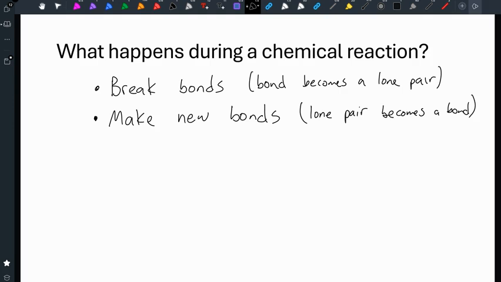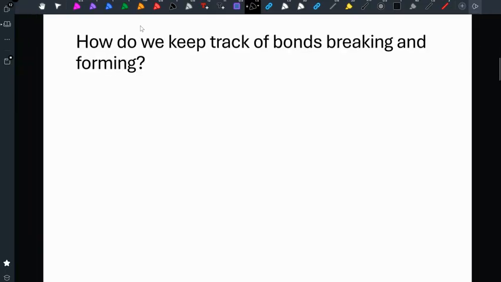So chemists want a way to describe what's going on with those electrons. And so we've come up with a language, a shorthand, to show how those electrons are moving, changing, getting shared, getting unshared during reactions. What we will do is we will use curved arrows.